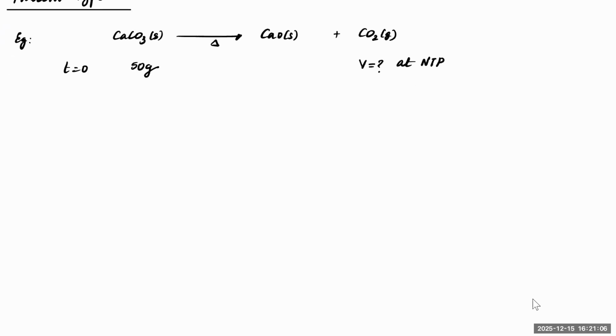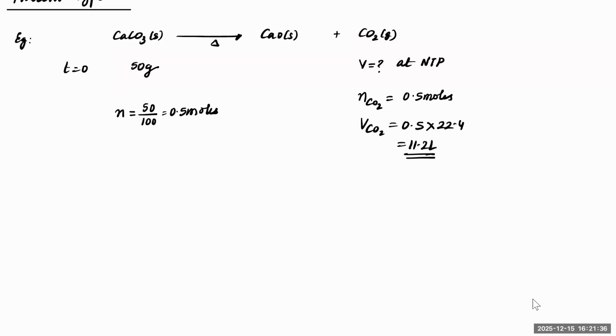So here the logic is simple. Always try to relate with number of moles. It is 50 divided by molar mass 100, which makes it 0.5 moles. As a balancing part, it is already balanced in a 1:1 ratio. So the number of moles of carbon dioxide formed is 0.5 moles, which means the volume of carbon dioxide will be 0.5 into 22.4 liters, which is 11.2 liters of carbon dioxide released. The type 1 is clear.